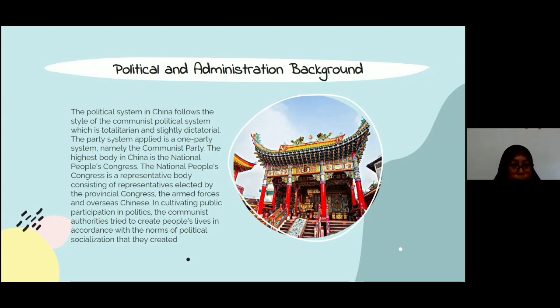The National People's Congress is a representative body consisting of representatives elected by the Provincial Congress, the Armed Forces, and Overseas China. In cultivating public participation in politics, the communist authorities tried to create people's lives in accordance with the norms of political socialization that they created. Next slide, please.